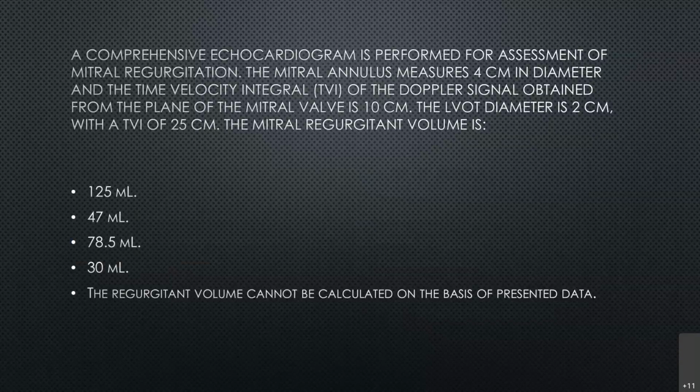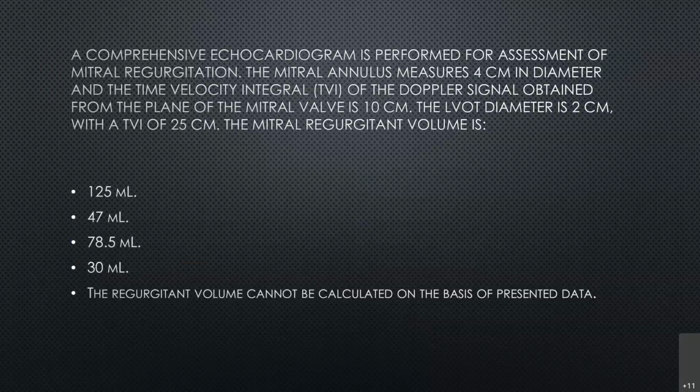Yeah. So I calculate the stroke volume through the LVOT. It's pi r squared times the VTI. So it's pi times 1 centimeter squared times 25. So it's 50 cc's. That's the stroke volume through the LVOT, and then through the mitral valve, I'll do the same thing, pi r squared times the VTI, using those measurements, 4 centimeters.